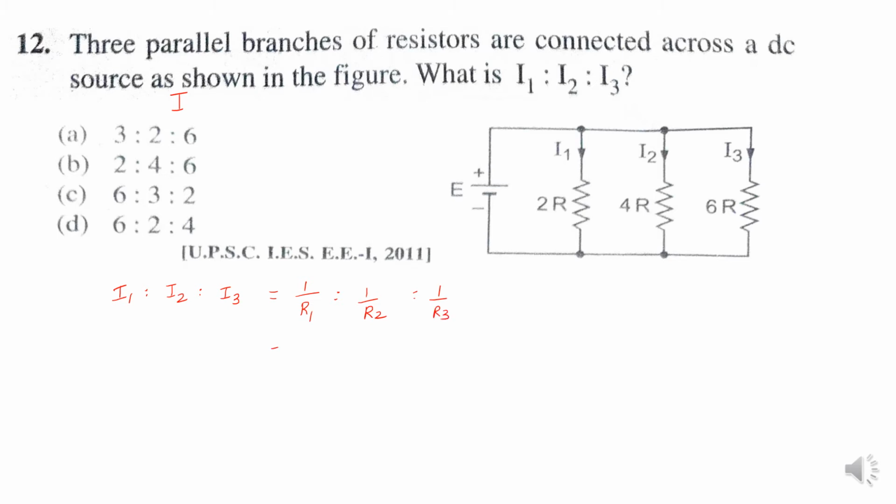Next I have to substitute the values here: 1 by 2R, 1 by 4R, 1 by 6R. Now all the R's get cancelled. Now what I have to do? I am going to take the LCM, so the LCM equals 12. Now multiply 12 with each term. Now I get 6 is to 3 is to 2. That's all. This is the answer.